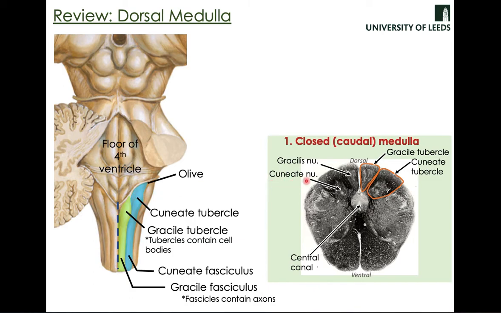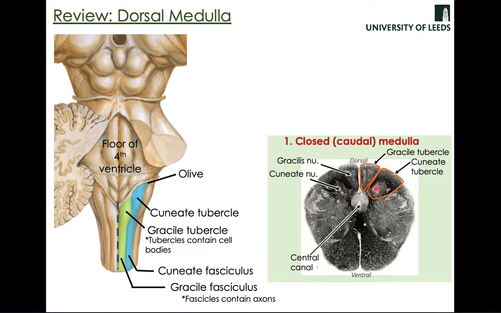We talked about it in cross-section as well, so that if we look at this cross-section here, underlying those tubercles, those gracile and cuneate tubercles, we're going to find nuclei. Okay, the gracilis nucleus and the cuneate nucleus.